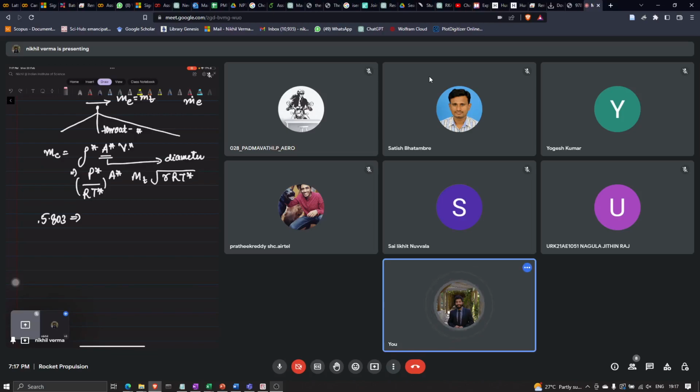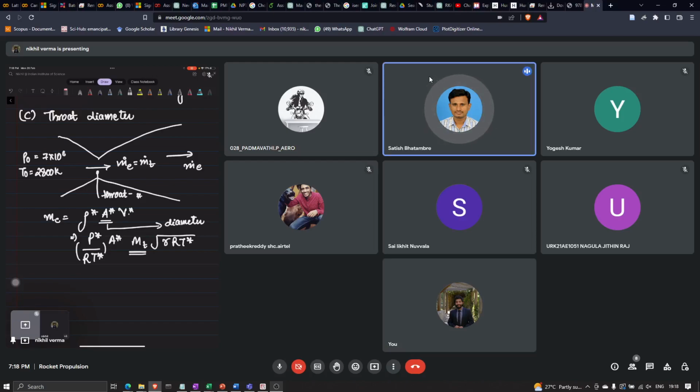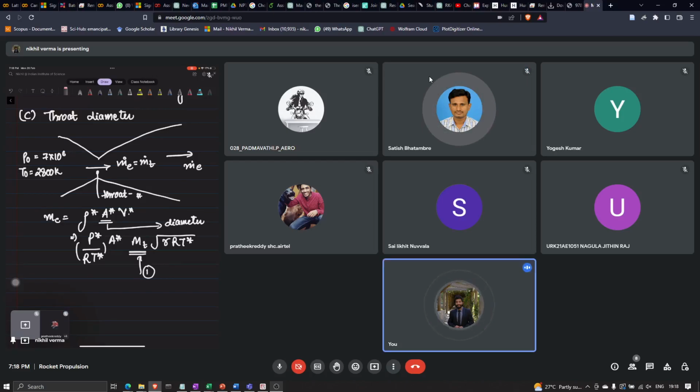So now how to calculate this P star? Any idea? If you know the P naught and T naught, and what will be the Mach number at the throat? Mach number will be 1, right? Okay.